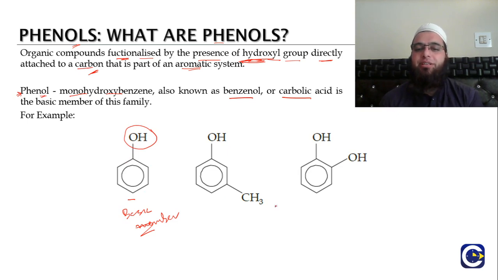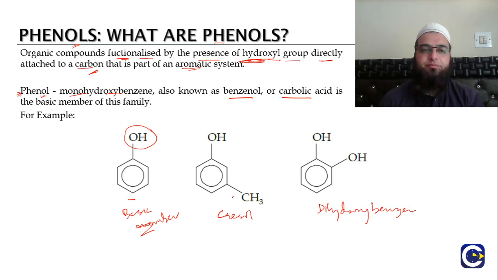We have different examples here. This is called cresol. This is dihydroxybenzene, and their actual names we will cover in the nomenclature part. So these are different examples of phenols.